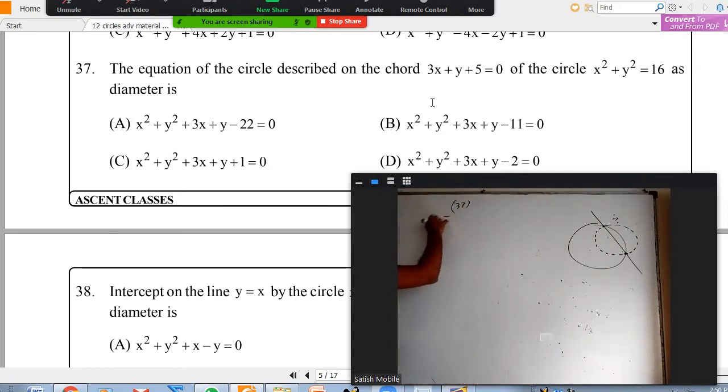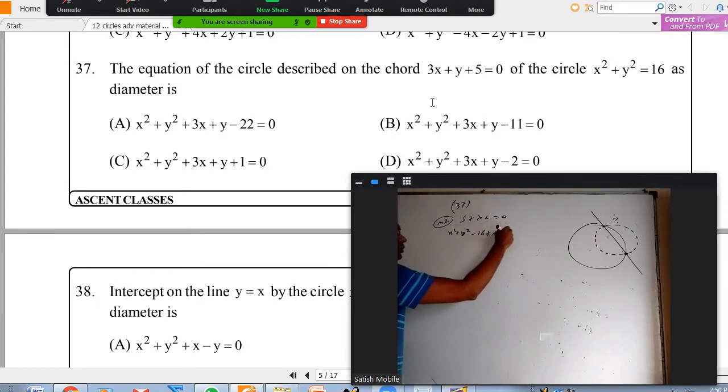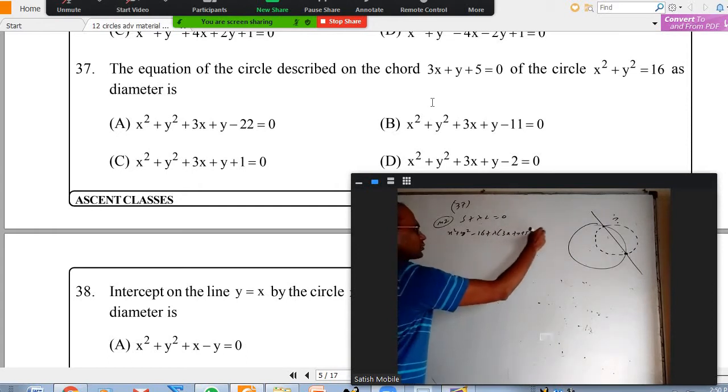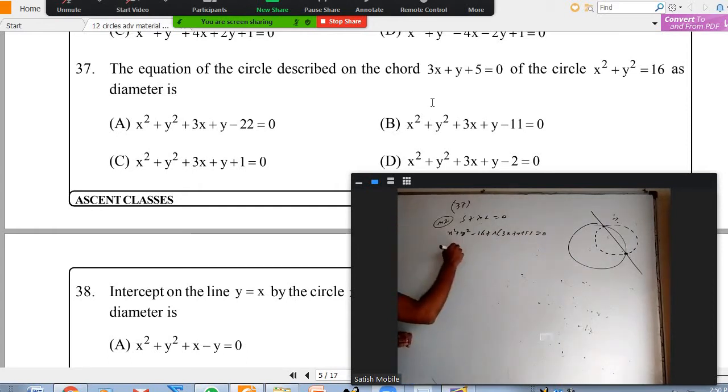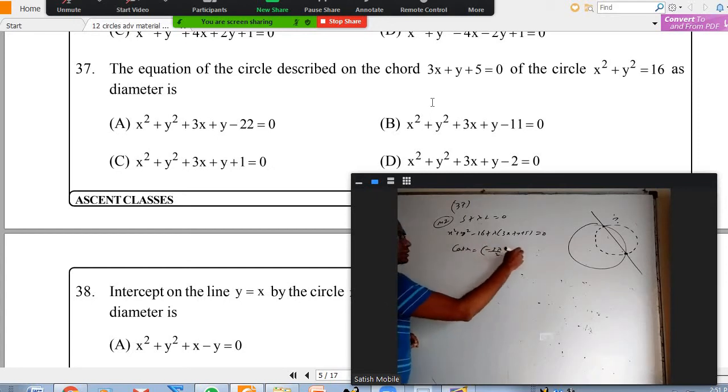Let's say method 1, I want to use S plus lambda L equal to 0. That is x square plus y square minus 16 plus lambda into (3x plus y plus 5) equal to 0. What is the center of this? Minus 3 lambda by 2, minus lambda by 2. What this center should do? It should lie on this line.